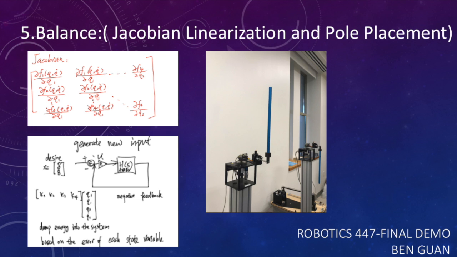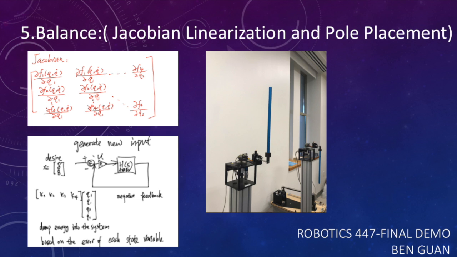Then using the A and B matrices, we first set the desired position to 0, 0, 0, 0, because that's what we want the robot to be. Then we run the function to get the k values, and k is a 4x1 matrix.